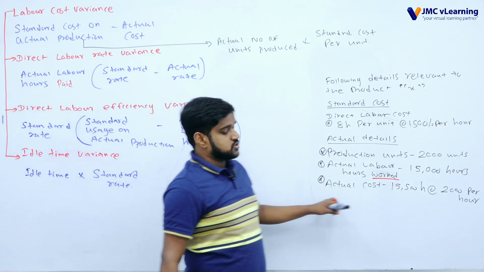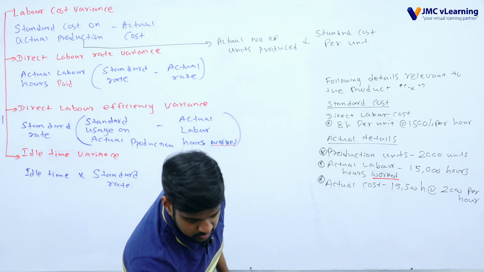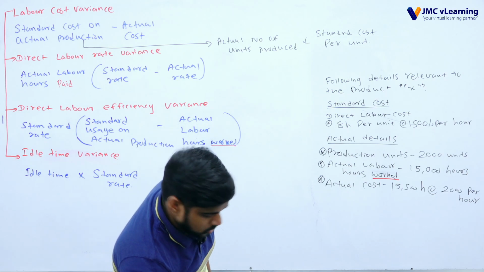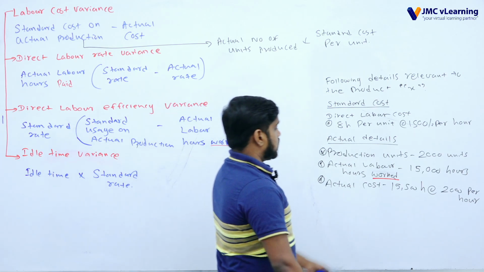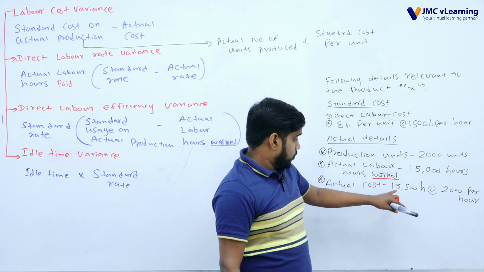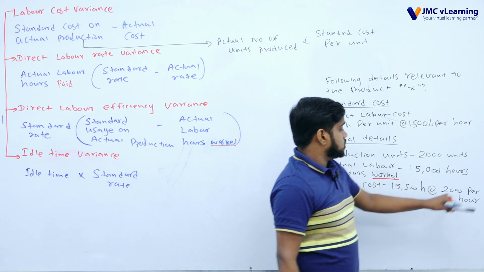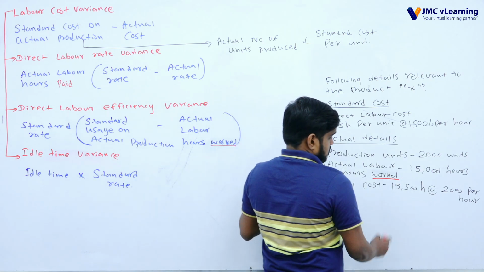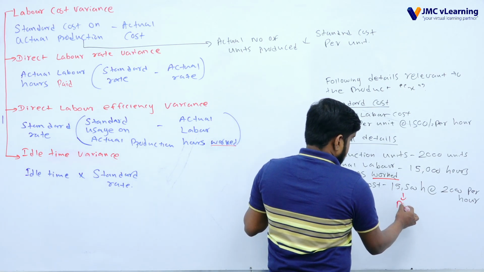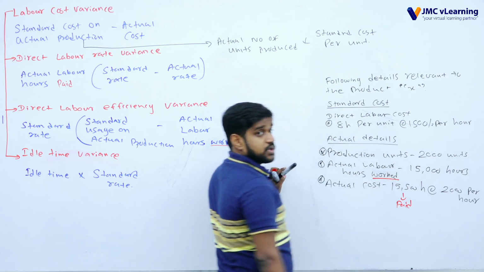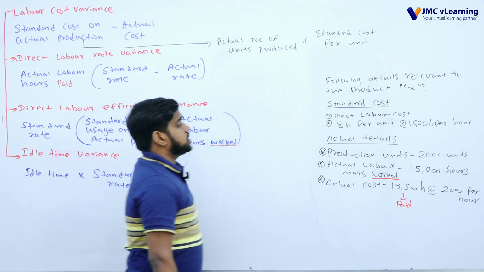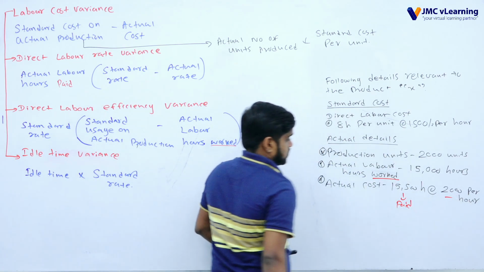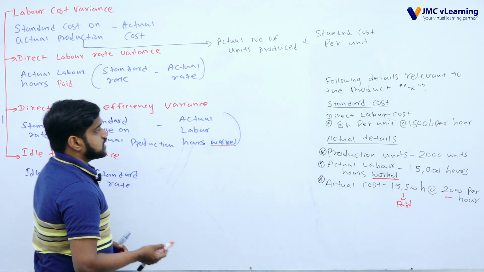And also we have the actual cost for the month. They say they paid for 15,500 hours, at 2000 per hour. That means they paid for 15,500 hours, and the per hour rate is 2000. Okay, these are the details available.